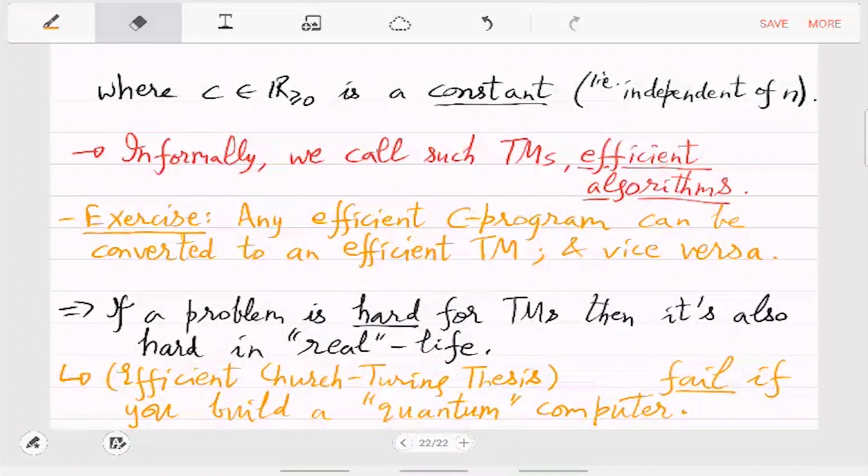Okay, for example, quantum computers might possibly solve certain problems we believe are solvable faster on quantum computers than current computers.